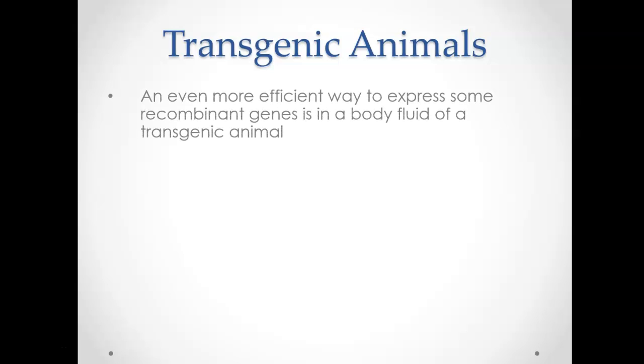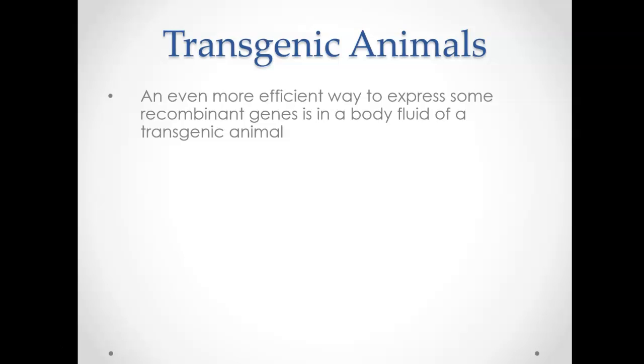So we can also do something a little bit differently. Instead of using bacteria to create the proteins of interest, we could actually do something with animals as well. So an even more efficient way to express some recombinant genes is actually in the body fluid of a transgenic animal. So you need big vats of bacteria and lots of bacteria in order to produce very small quantities of these proteins.